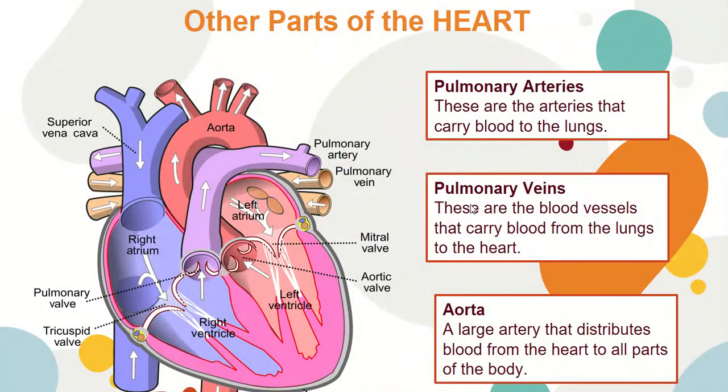Sorry. We have also pulmonary veins. These are the blood vessels that carry blood from the lungs to the heart. Kung si pulmonary artery, again, artery away, nagdala ng blood papunta kay lungs, si pulmonary vein naman, siya naman yung magdadala ng blood mula kay lungs papunta kay heart.